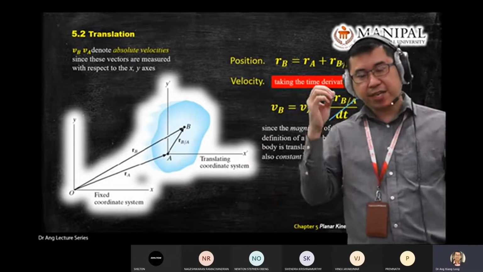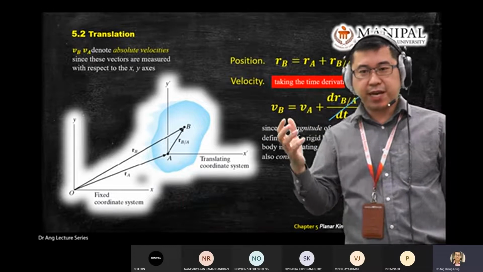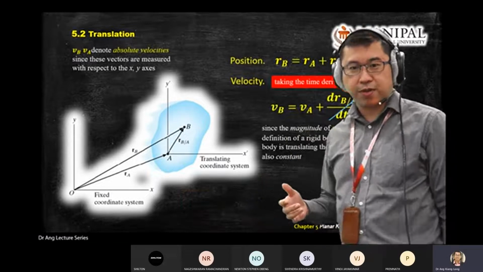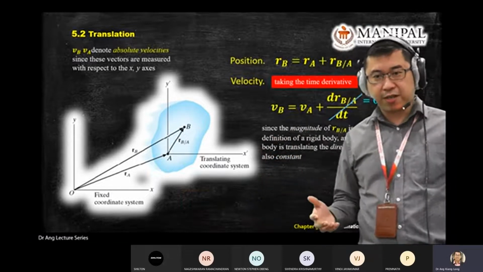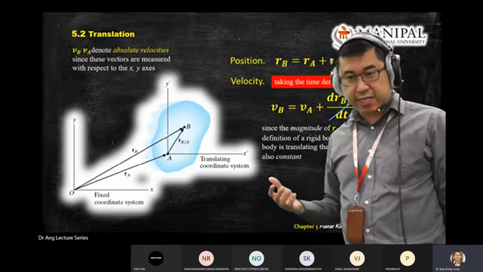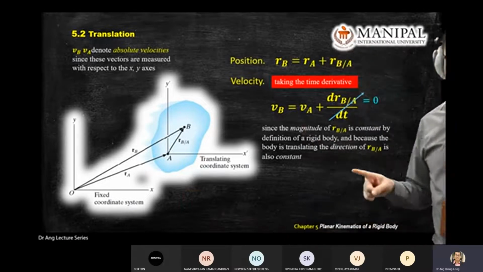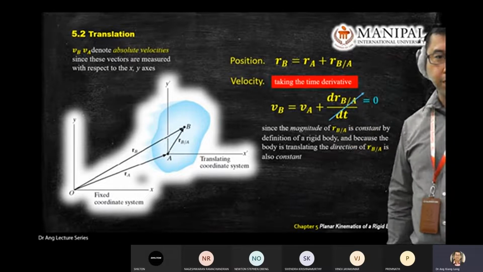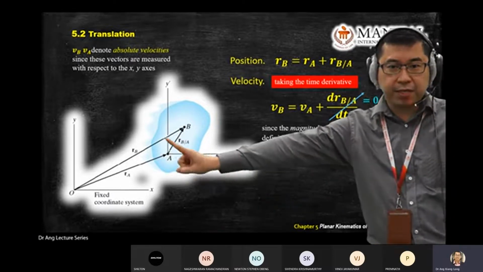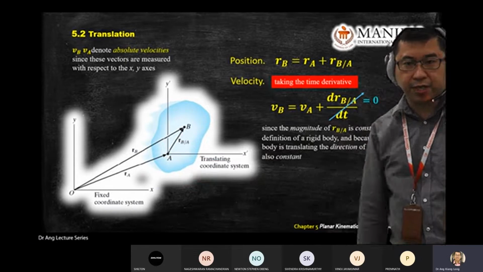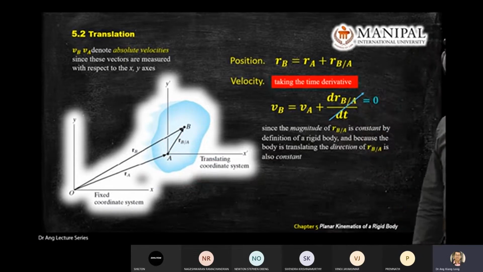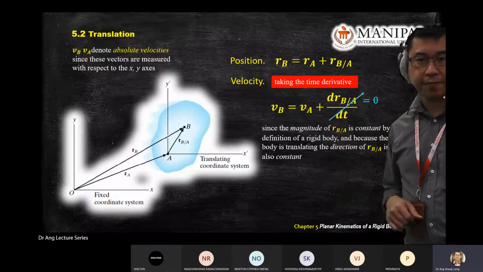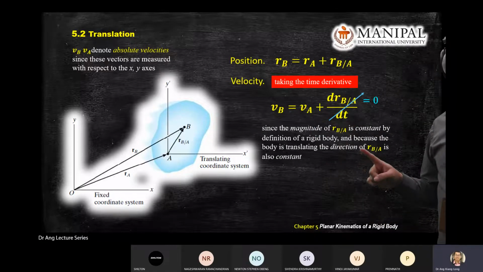If your x is a constant value, dy/dx equal to 0. Or your y is a constant, dy/dx equal 0. That's why we can cancel or put as 0, when your A and B doesn't move, A and B distance is the same throughout the problem or throughout the analysis.